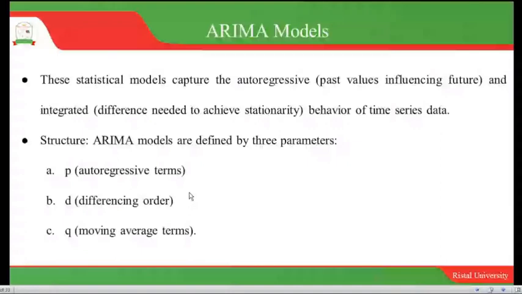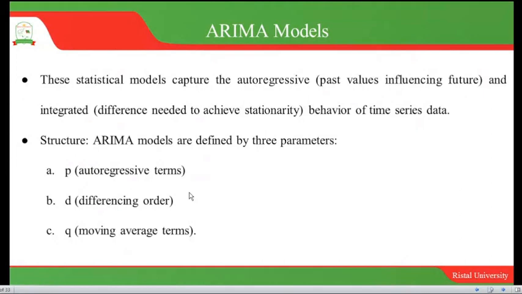When we are using the ARIMA method, we use letters like P to indicate the autoregressive terms. Letter D shows us the differencing order, and letter Q enables us to understand the moving average terms that we have just mentioned.